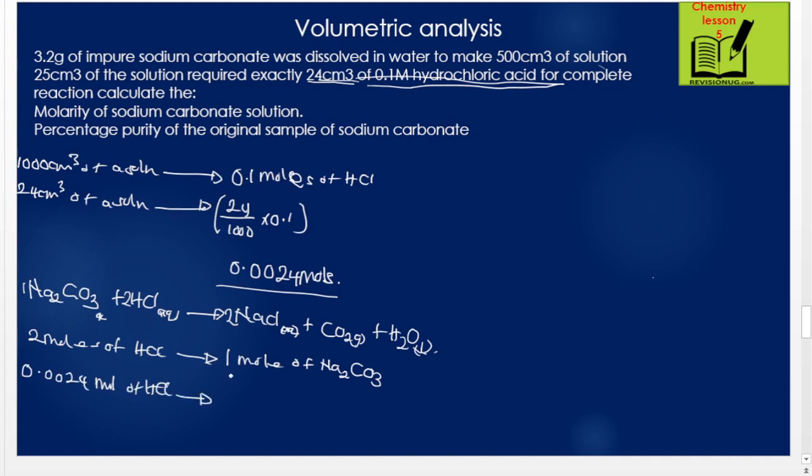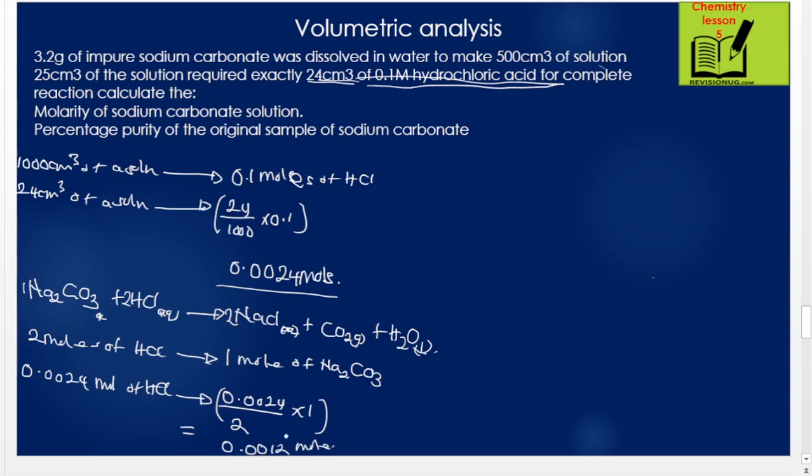They are going to react with how many moles of sodium carbonate? That will be 0.0024 divided by 2, then times 1. We are getting just 0.0012 moles. So this is the mole ratio.